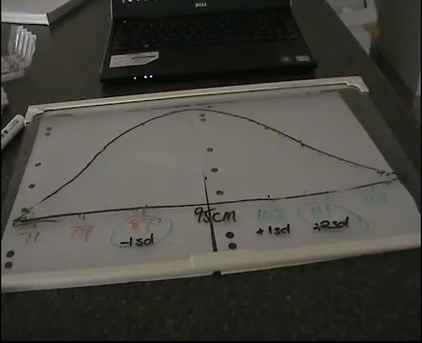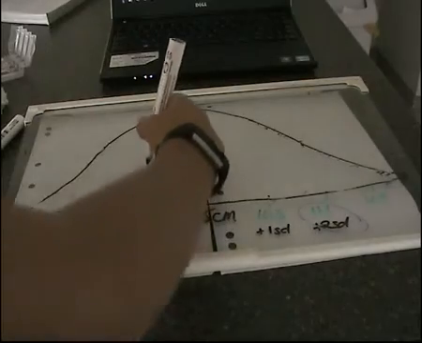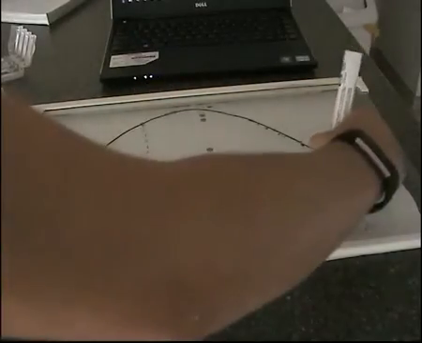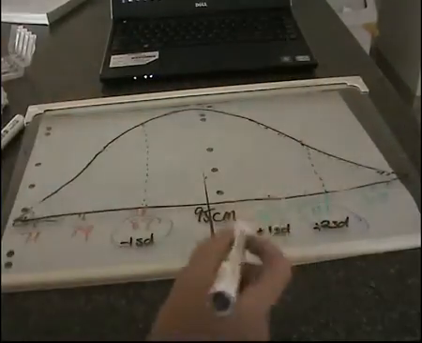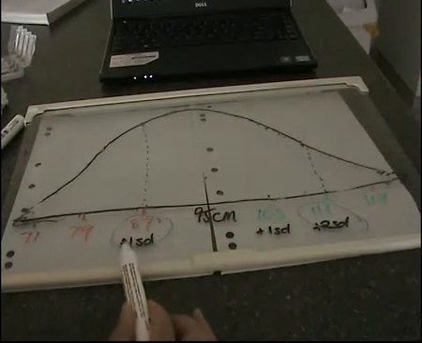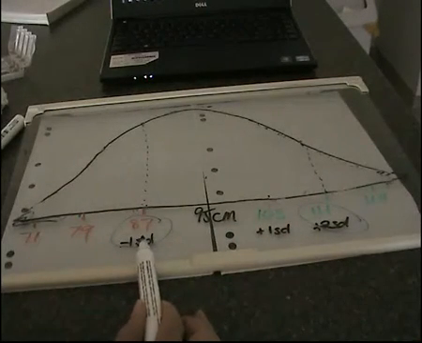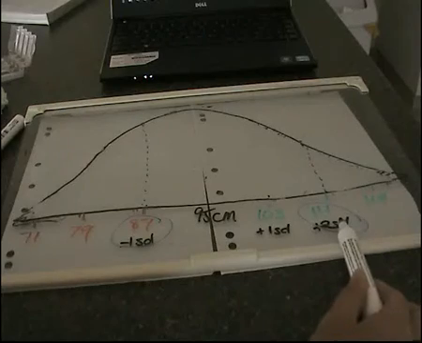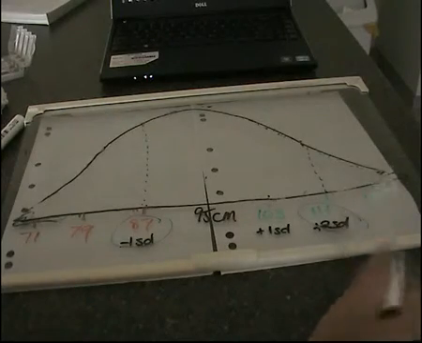So first of all, let's find the percentage that a randomly selected footballer's chest measurement is between 87 and 111 centimetres. So we need to find what percentage of footballers lie between these two numbers. So 87 is at 1 standard deviation below the mean and 111 is at 2 standard deviations above the mean.